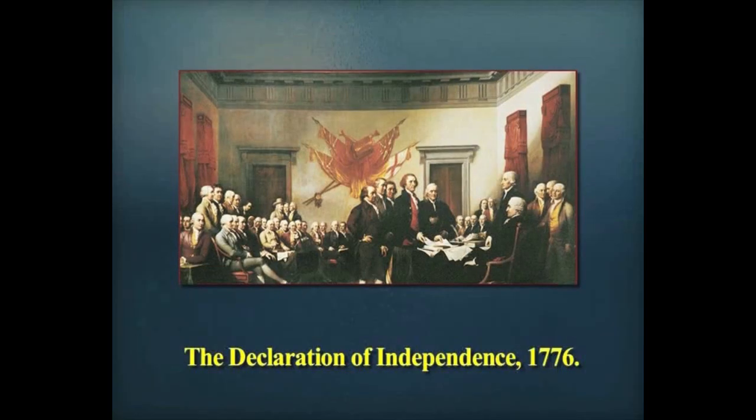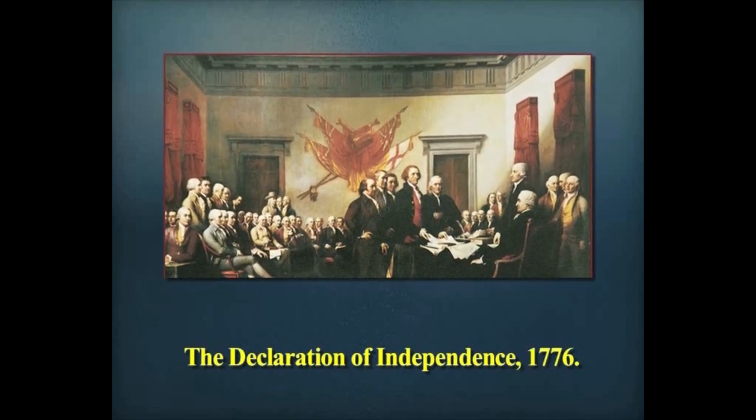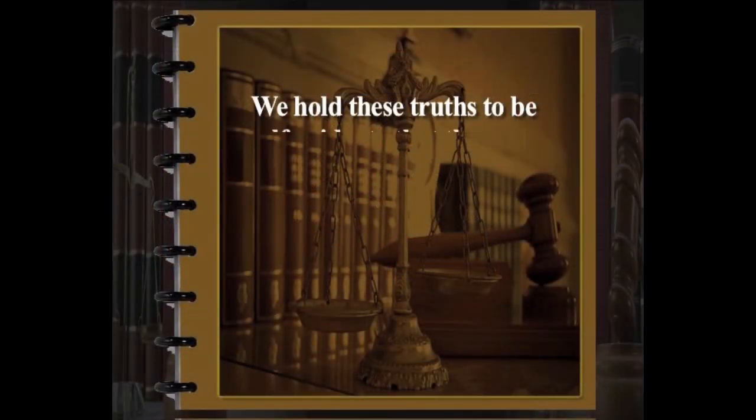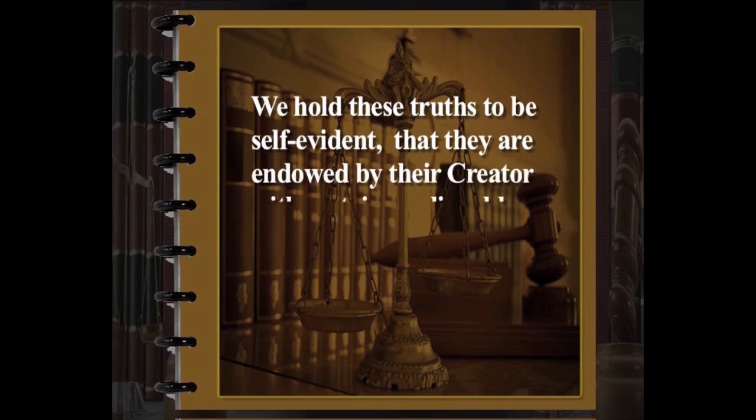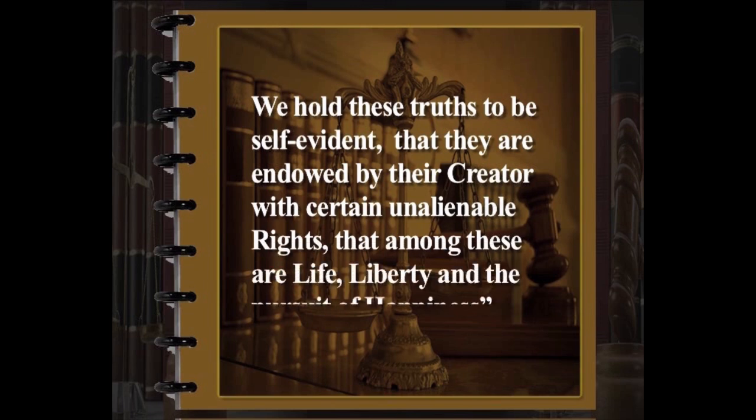Human rights, generally speaking, are regarded as those fundamental and inalienable rights which are essential for life as human beings. As the United States Declaration of Independence 1776 proudly declared, we hold these truths to be self-evident, that they are endowed by the Creator with certain unalienable rights, and that among these rights are life, liberty and the pursuit of happiness.